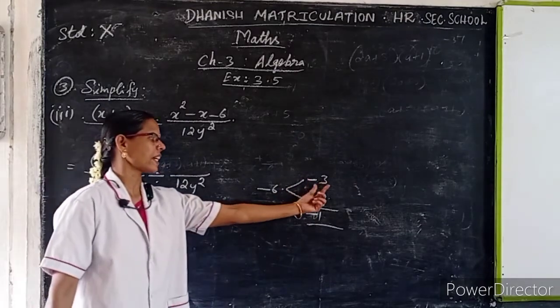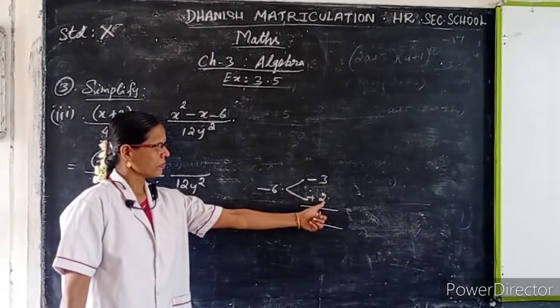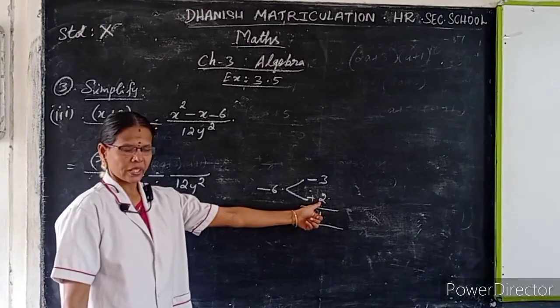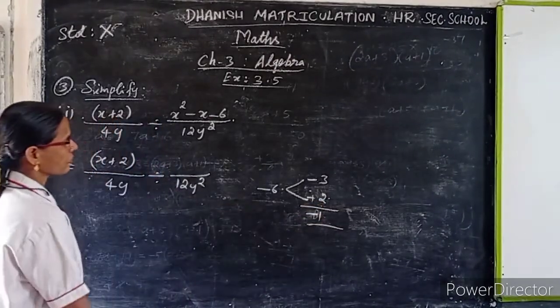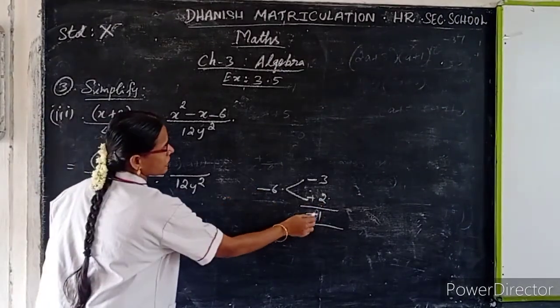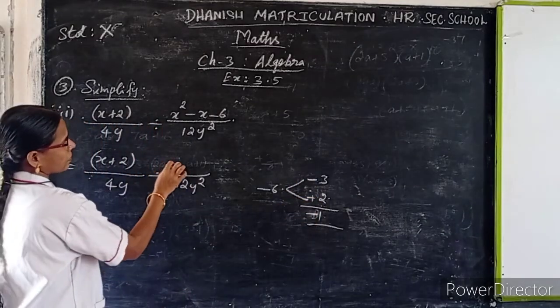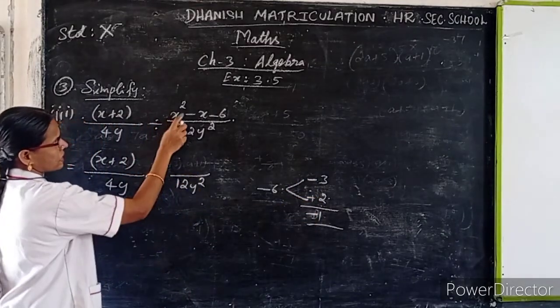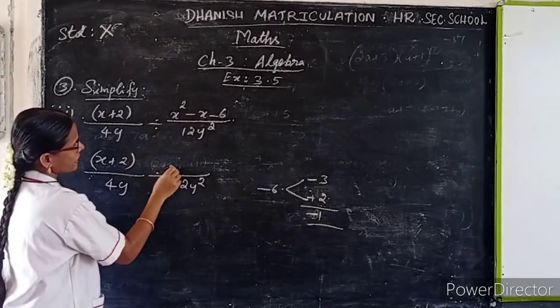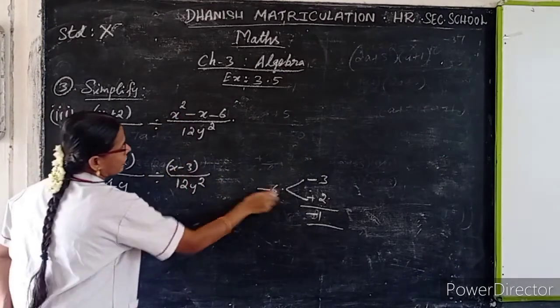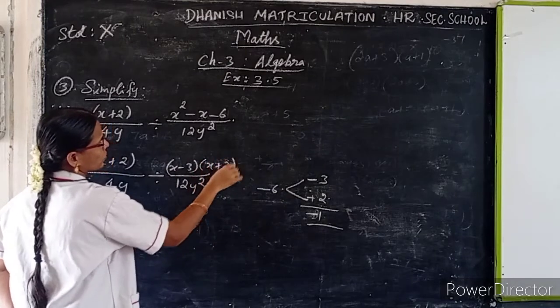Always write the greater number above and below write the smaller number. So minus minus means minus plus are the signs for the factors. So this quadratic expression can be written as (x - 3)(x + 2).